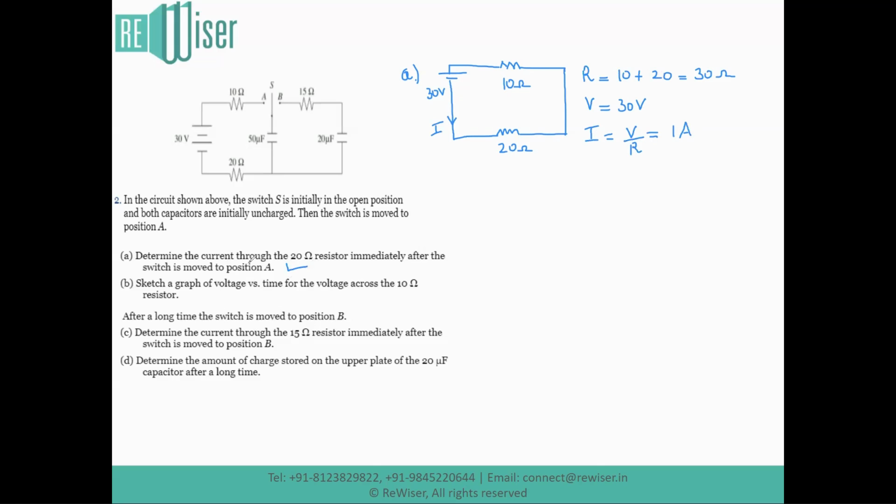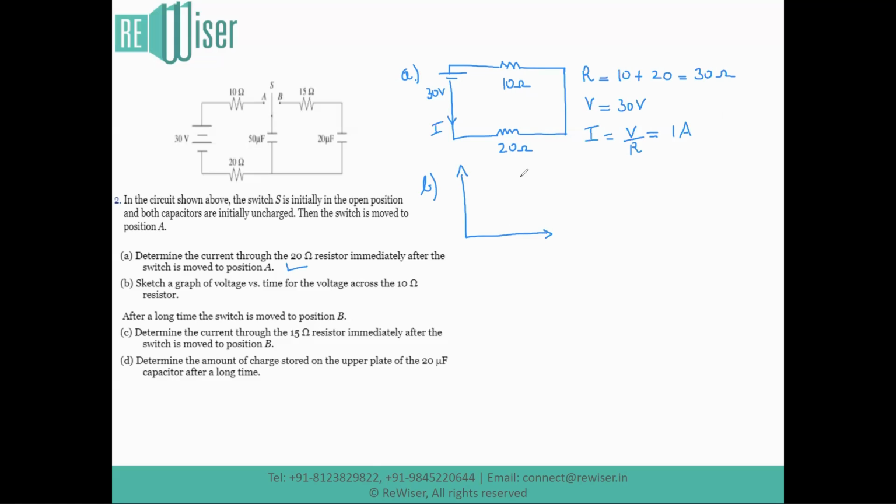Next, sketch a graph of voltage versus time for the voltage across the 10 ohm resistor. So part B, ideally speaking, if it were a circuit where the capacitor were not present, the graph would be a linear graph with a positive slope since the resistor obeys Ohm's law.